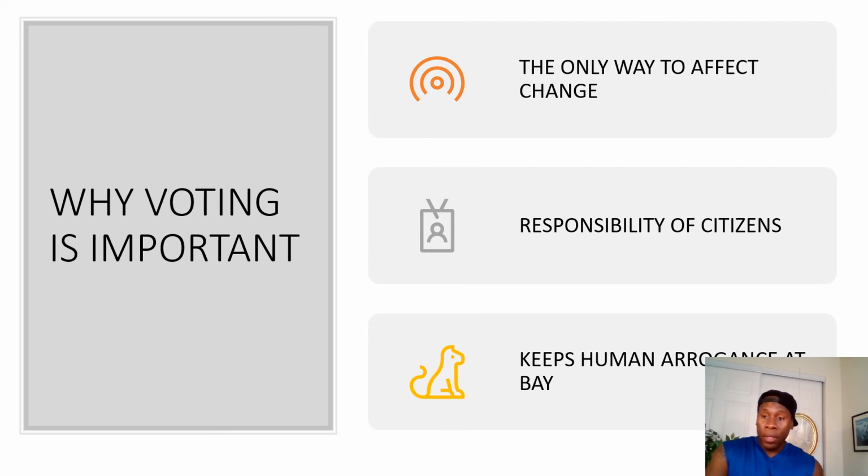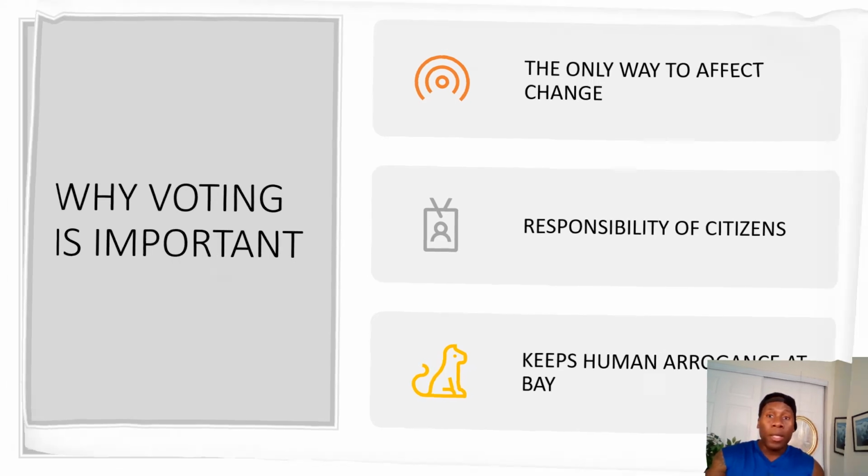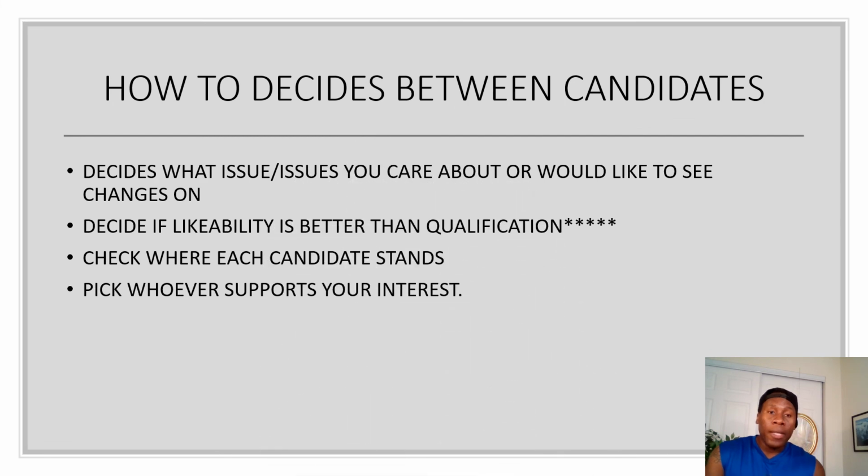It's the only way you can affect change, or if somebody's not doing something right, that's the only way you can get rid of somebody, first and foremost. And then it's our responsibility. Another thing is it keeps human arrogance in check. That's how you tell them, take a hike.